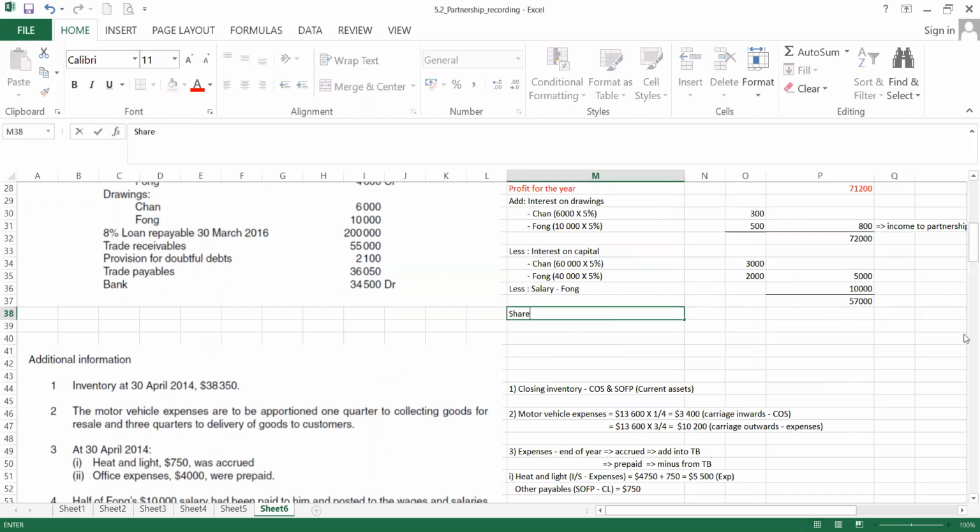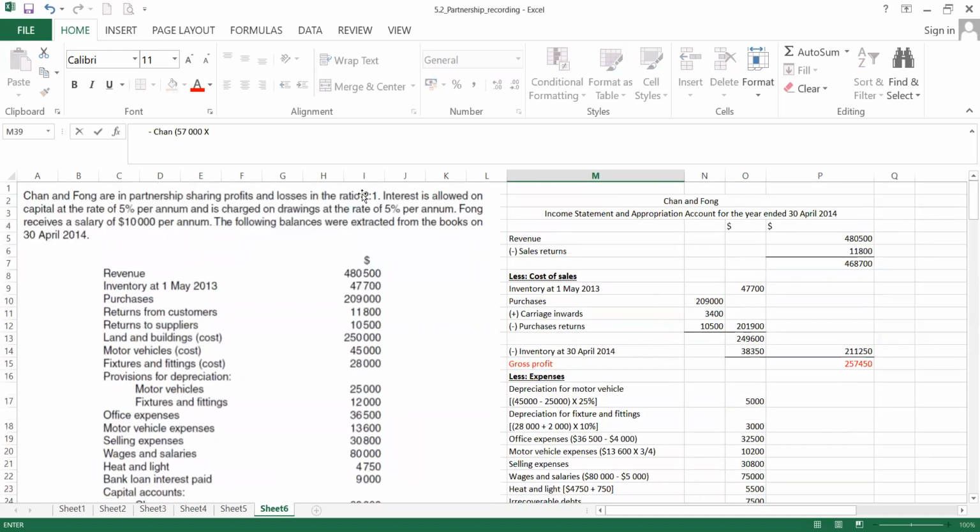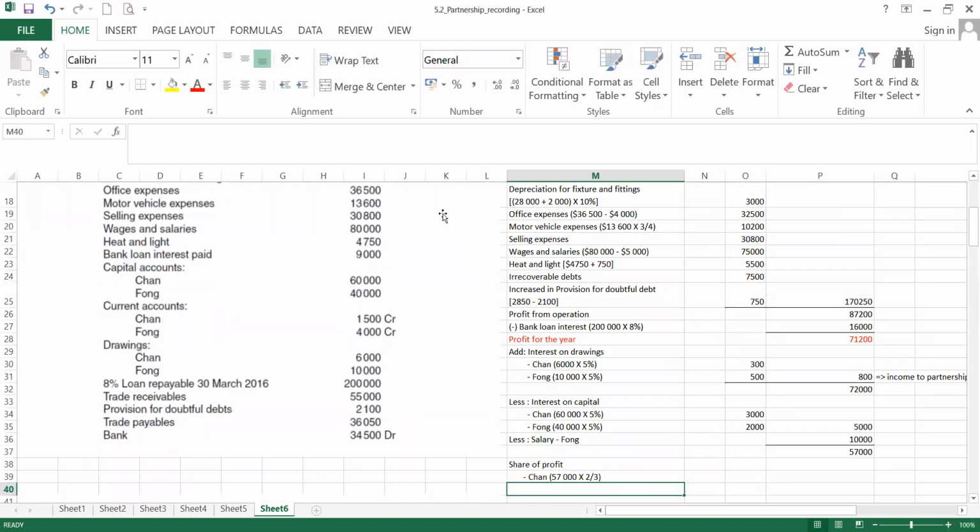Now, share of profit, the format, try to memorize it. So for Chan, okay, how much did Chan get? Chan will get 2, so 2 over 3, the formula, using the fraction. Then Fong is 57,000 times 1 over 3.